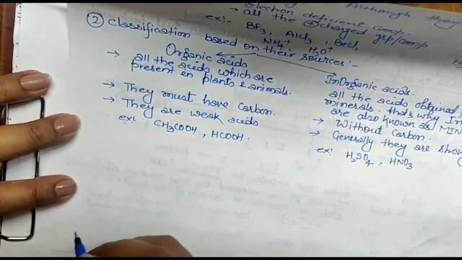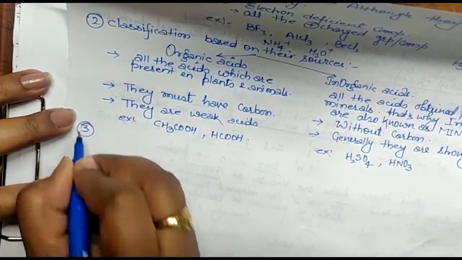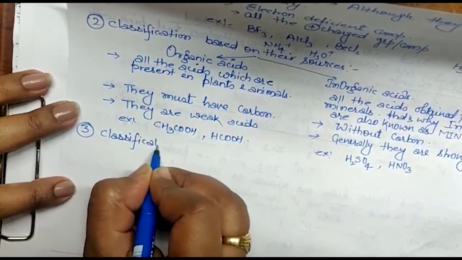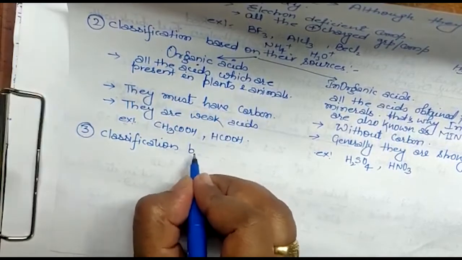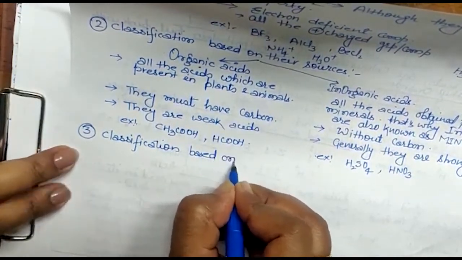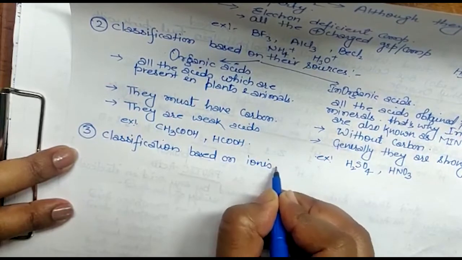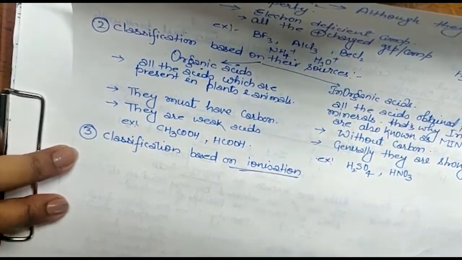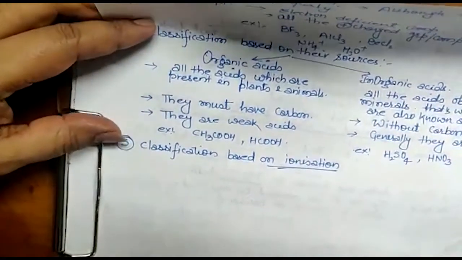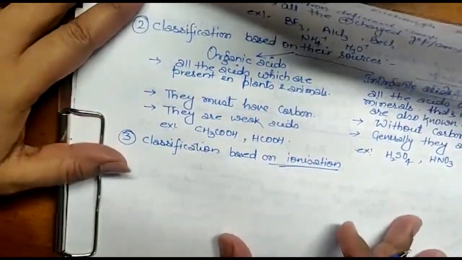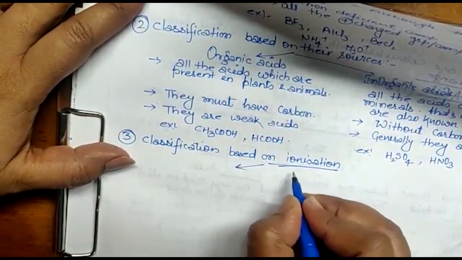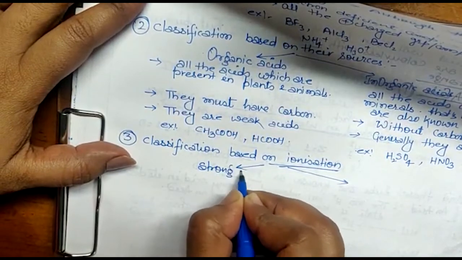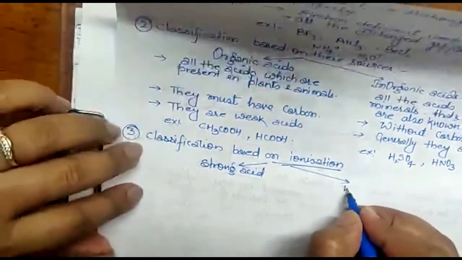Now based on the third point, we will do classification based on ionization. What is this ionization? Ionization means the tendency to convert into ions, or ion form. On this basis there are two types: one is strong acid and one is weak acid.